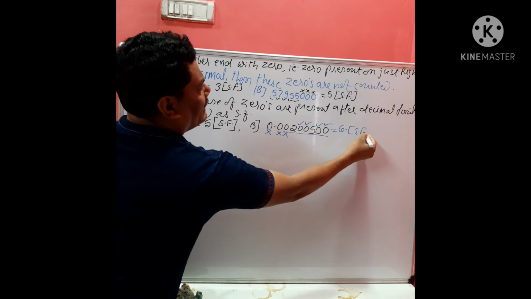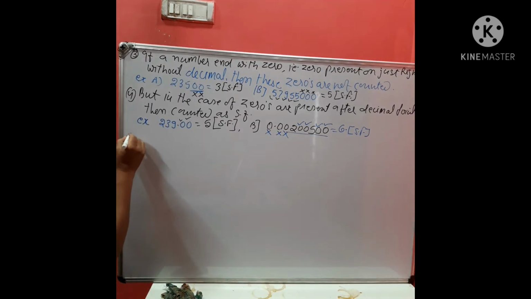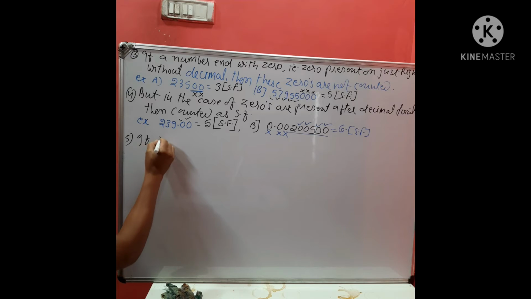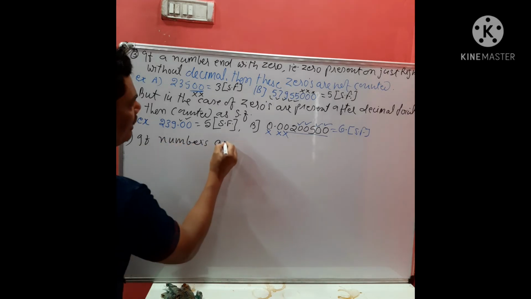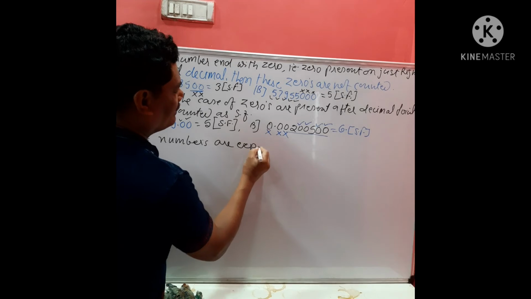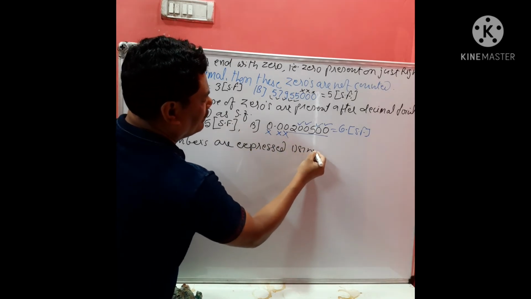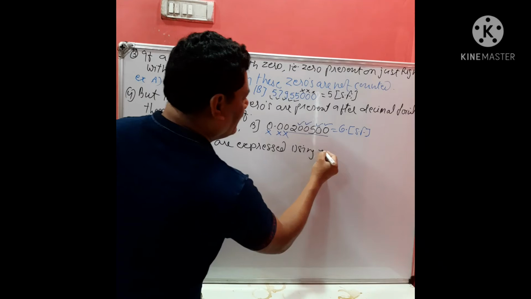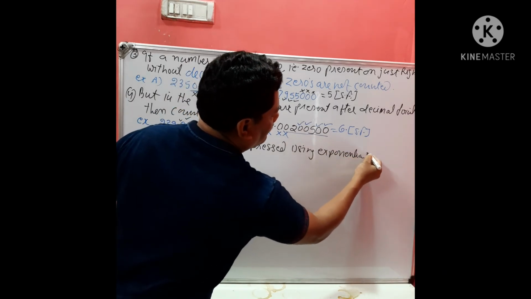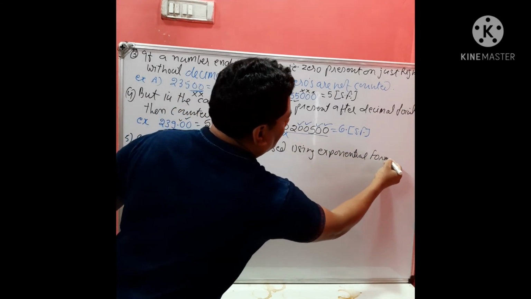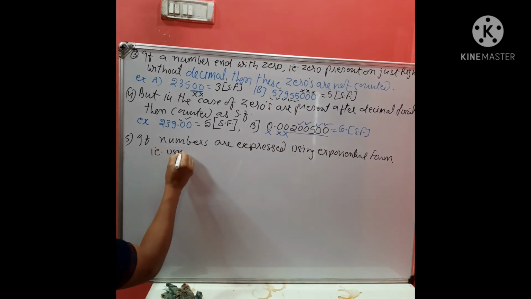6 significant figures. Okay. Now the fifth one: if numbers are expressed using exponential form, that is, using scientific notation.